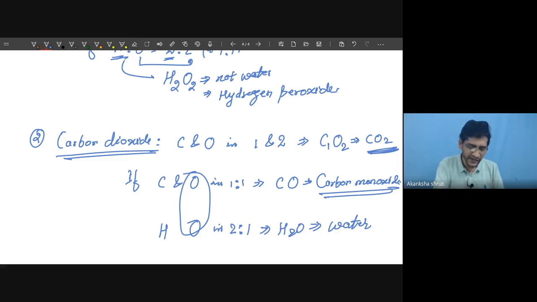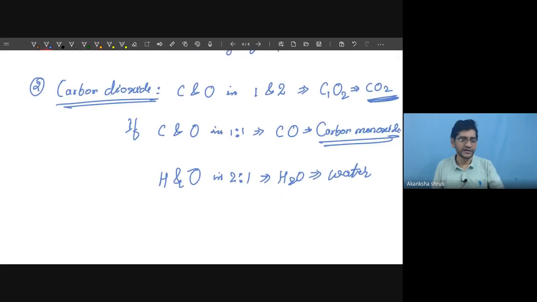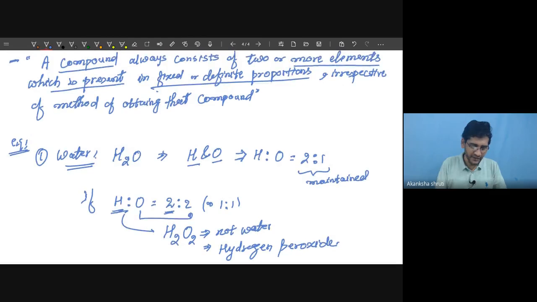So this way, for a particular compound, the particular kind of element has to combine, and their combination should always be in a fixed ratio. So this was all about our laws of chemical combination.